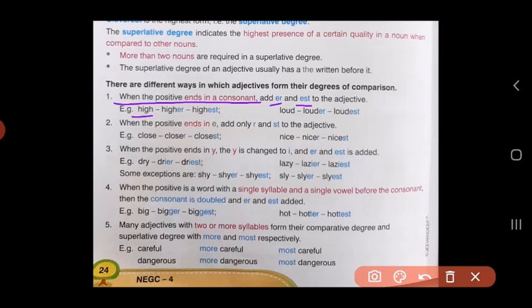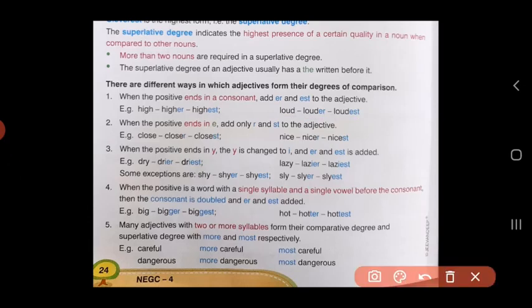So the comparative form will be made by adding ER, higher. And the superlative form will be made by adding EST, highest. In the same way, loud ends in D, which is a consonant. Comparative will be loud plus ER, louder. And superlative will be loud plus EST, loudest.